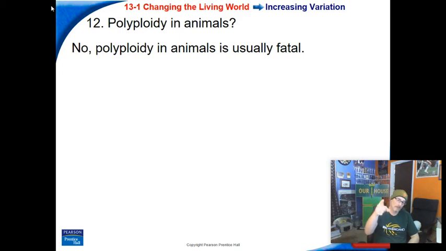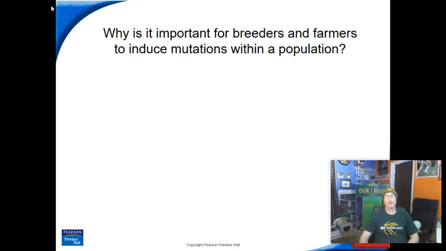All right, moving ahead. Why is it important for breeders and farmers to induce mutations within a population? You might want to take a look back at number 7 for that one. Yeah, mutations lead to genetic variation, which makes the population stronger.